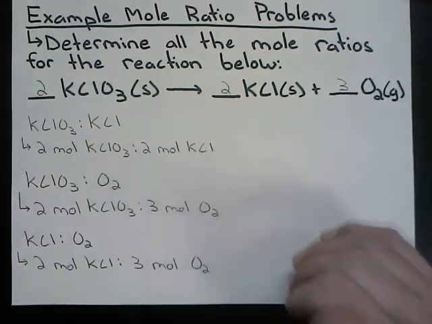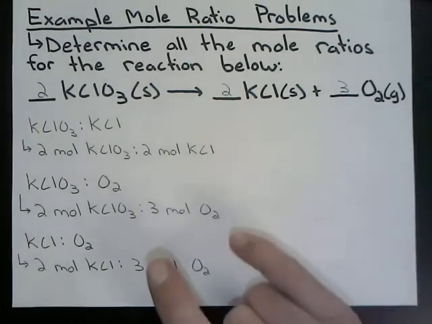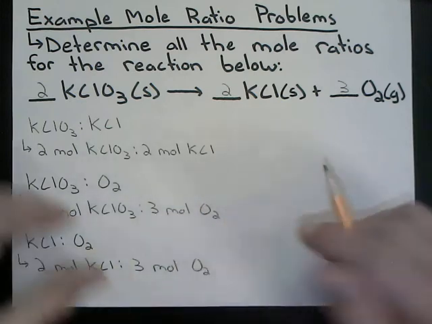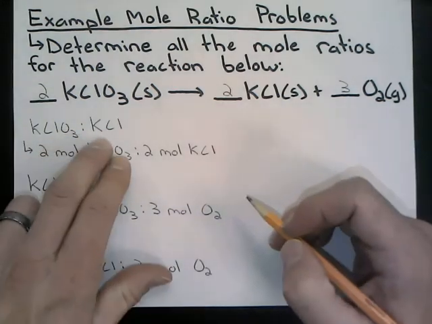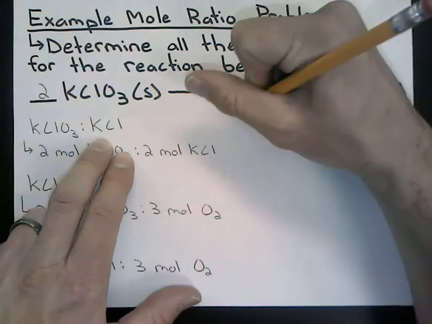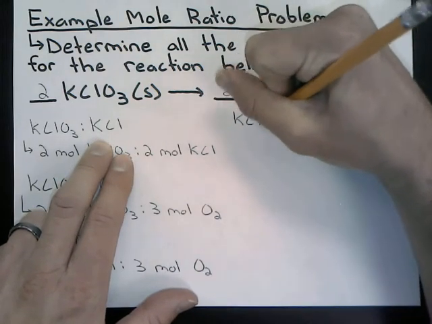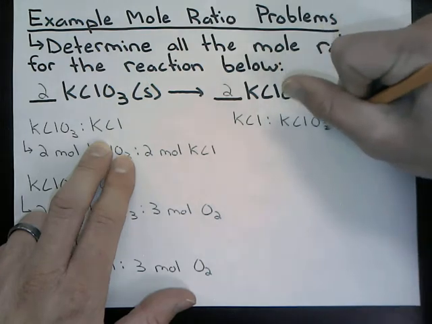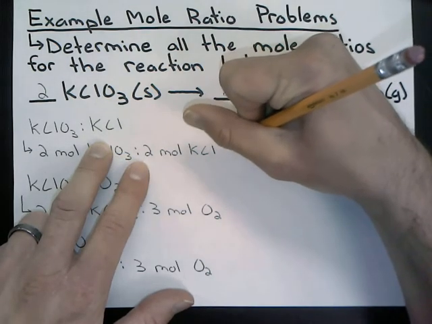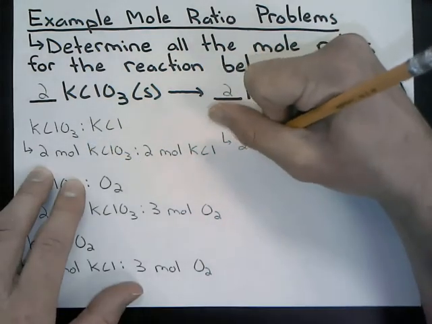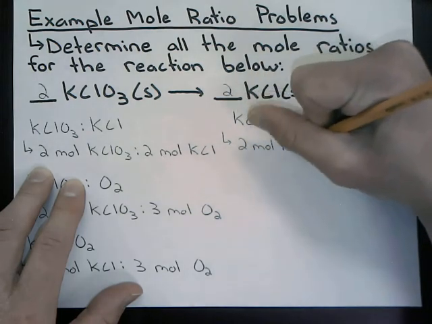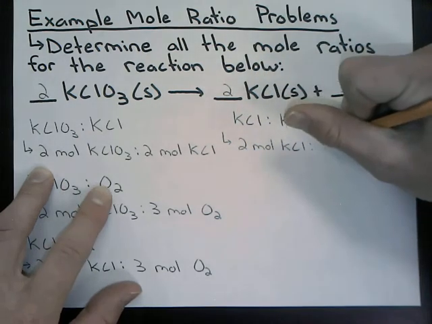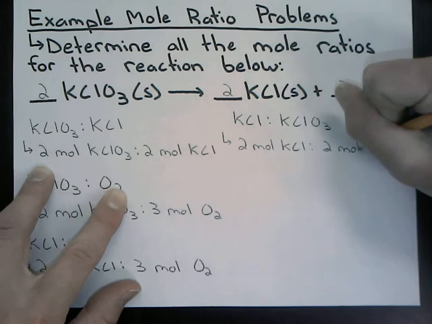So our mole ratios can also be flip-flopped. So our other mole ratios would be this. I'm just going to flip-flop each of these things, and I'm going to have KCl to KClO3. Now, I told you before, number of moles, so you get 2 moles of KCl to 2 moles of KClO3.